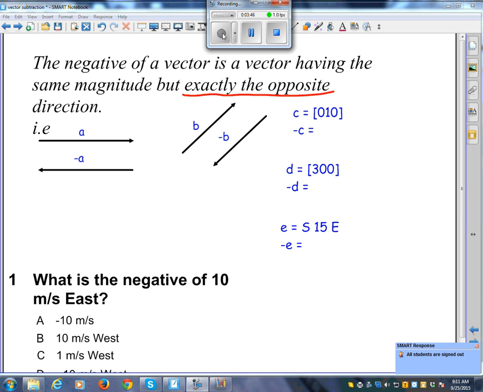So, if the bearing of vector C is 010, a bearing of 10, what's the opposite direction? What is it? It's not 315, Martin. I understand what you did there, right? But remember, 10 is going to be like that, right? And 350 would be like that, right? You sort of went the opposite direction. So what would it be?